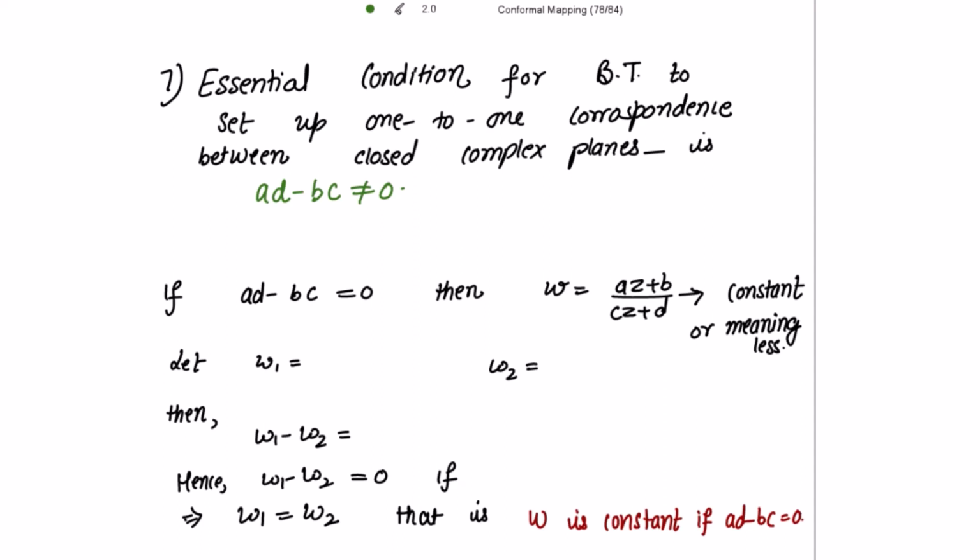Let's take 2 points W1 and W2 that are associated with the points Z1 and Z2 respectively. And what is W1 then?